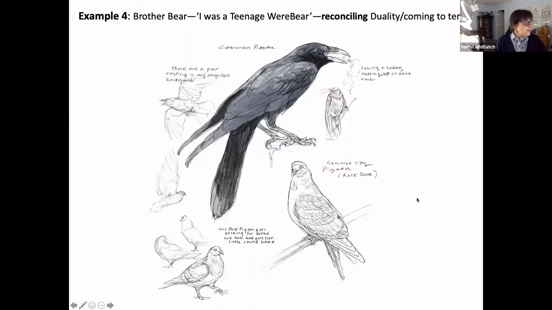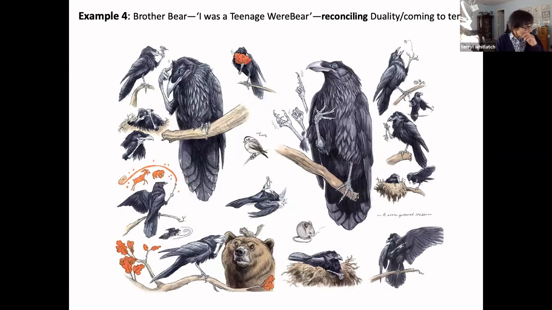A little break here. This is a sketch from one of my sketchbooks, loosely drawn pictures of ravens and pigeons from my field notes. And where I'm going with this is another character from Brother Bear. Because I had drawn ravens and other corvids and had an understanding of them, I was able to play with that anatomy and give it a lot of anthropomorphism.